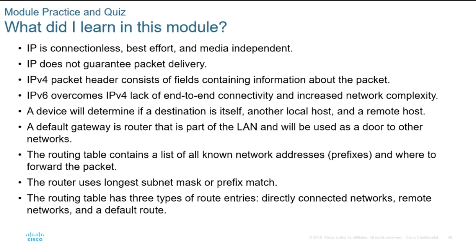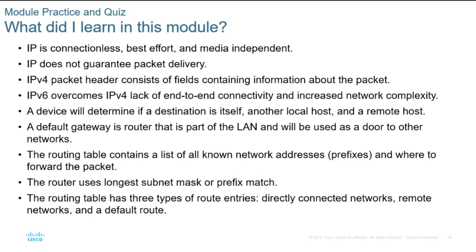IP is connectionless, best effort, and media independent. IP does not guarantee packet delivery. The IPv4 packet header consists of fields containing information about the packet. IPv6 overcomes IPv4's lack of end-to-end connectivity and increased network complexity. A device will determine if a destination is itself, another local host, or a remote host.